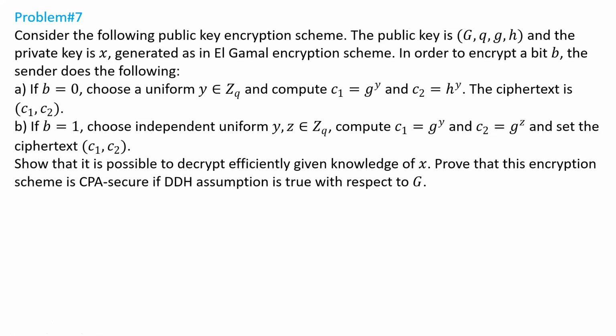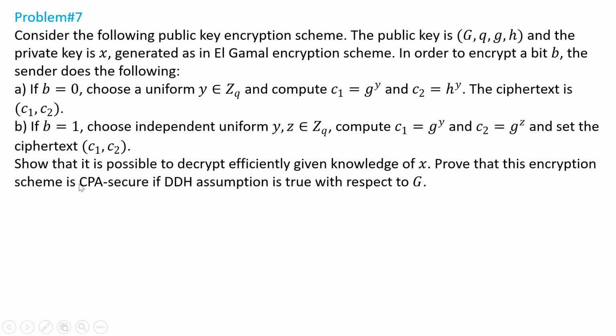And if b is 1, then choose independent uniform y, z belonging to Zq. Compute c1 equal to g to the power y and c2 equal to g to the power z, and set the ciphertext as c1, c2. Show that it is possible to decrypt efficiently given knowledge of x.